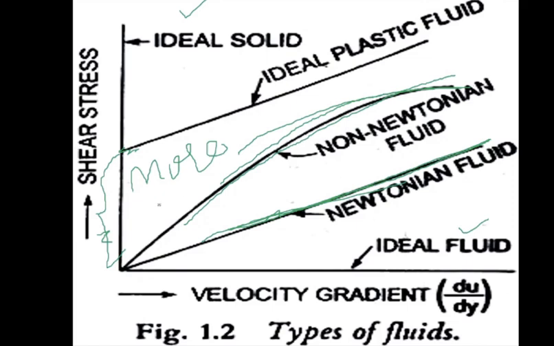Initially it will not be existing, because according to the statement, the ideal plastic fluid has shear stress more than the yield value. After the yield value, it will be proportional to the velocity gradient. So these were the 5 types of fluids: ideal, real, Newtonian, non-Newtonian, and ideal plastic fluid.